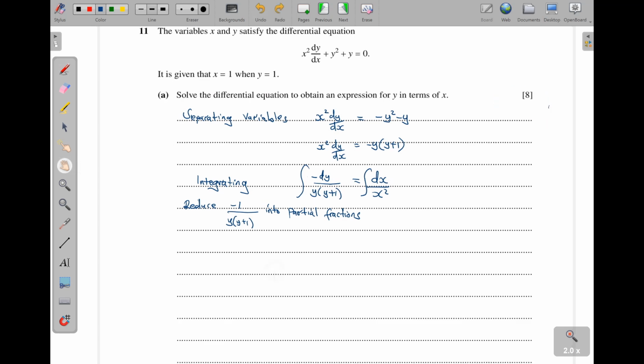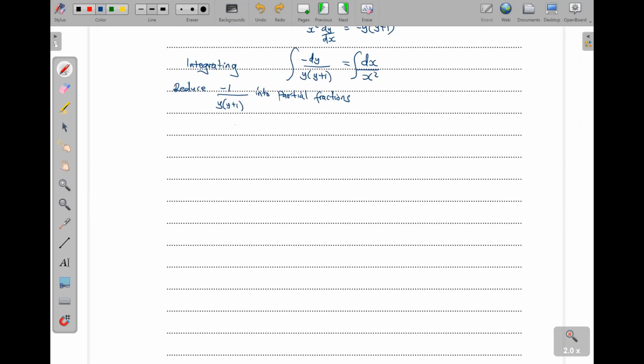Now we are going to have negative 1 over y(y plus 1) equal to a over y plus b over y plus 1. Cross multiply: a times (y plus 1), plus b times y, will be equal to the negative 1 that is here.